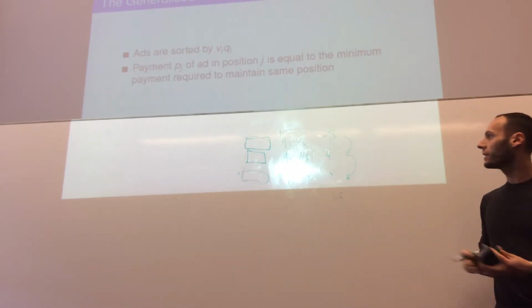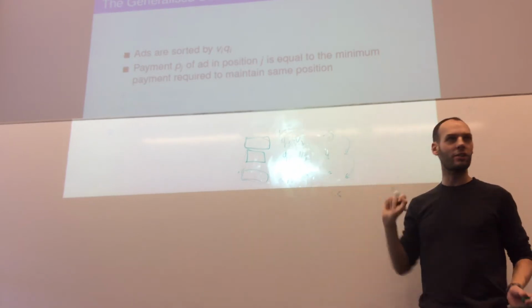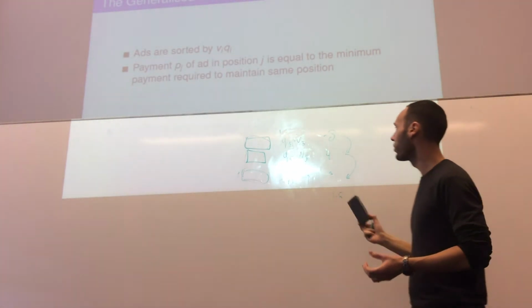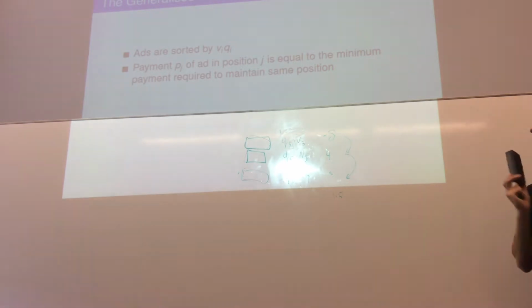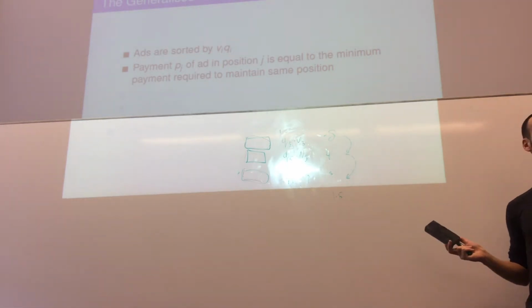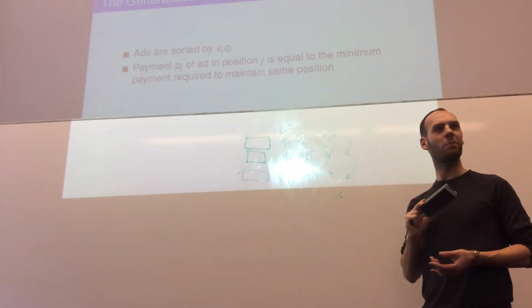The quality we can't change, this is determined by the search engine, but we can change our value, our report. V is our report. Now the question is, what's going to be our minimum report such that we maintain the same position? This is what Vickrey auction does, right? What's the minimum report so that we still maintain the same position?